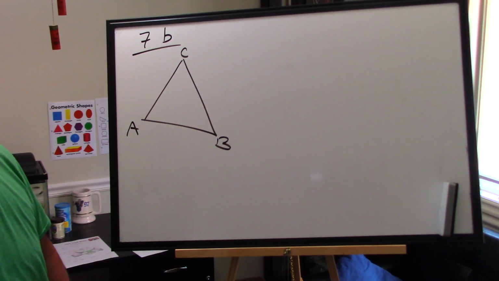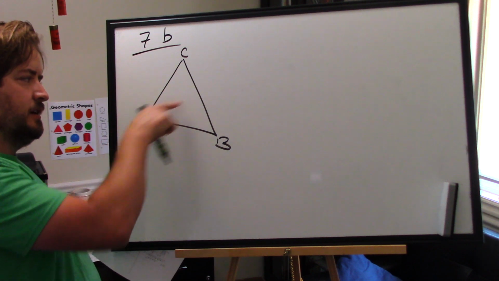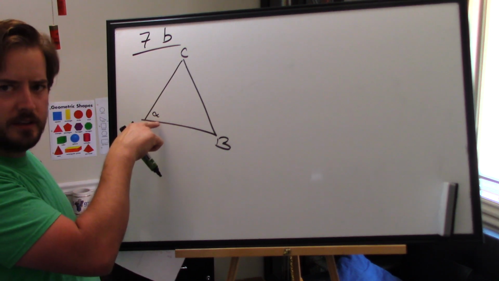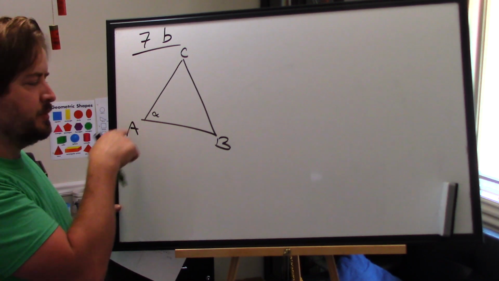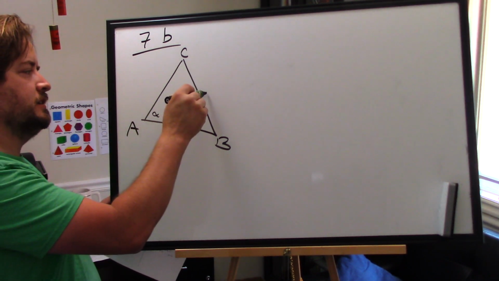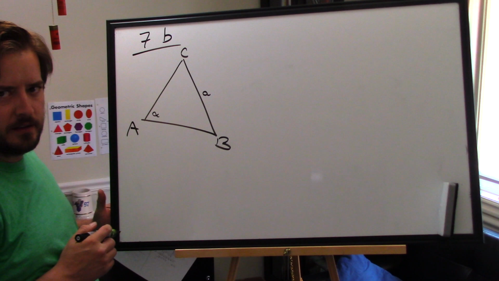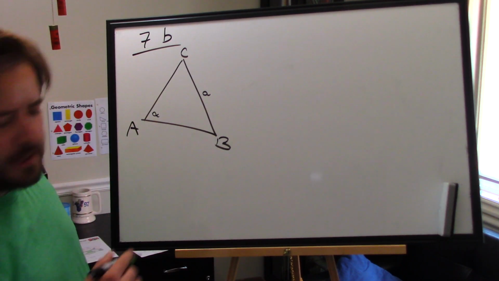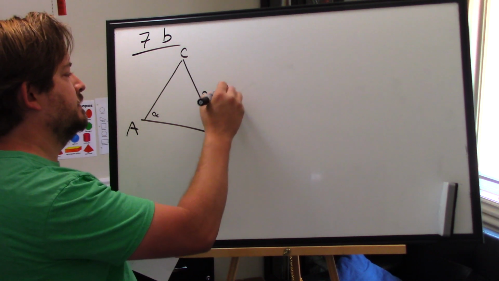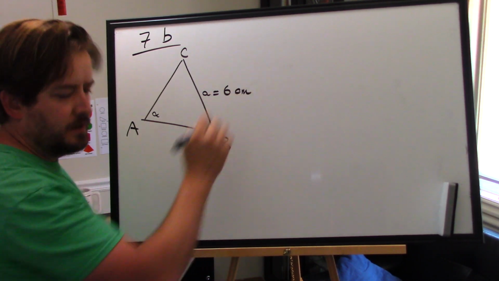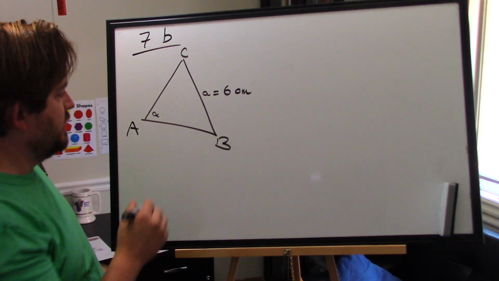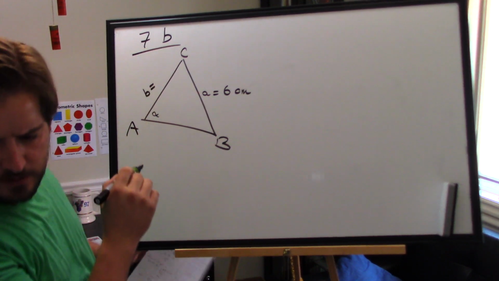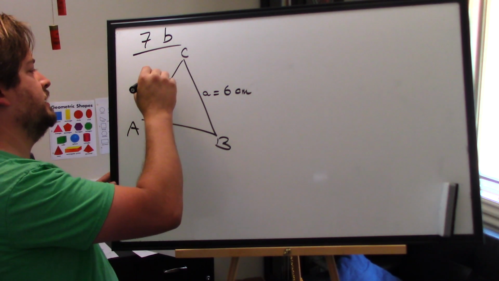And side lengths A. So A is across from the angle A. We've been calling it alpha primarily in this class, but if you see a capital A, that just means angle A, which is across from side length little a. We're given that little a is 6 centimeters. And we're given that B, so across from capital B, is also 6 centimeters.